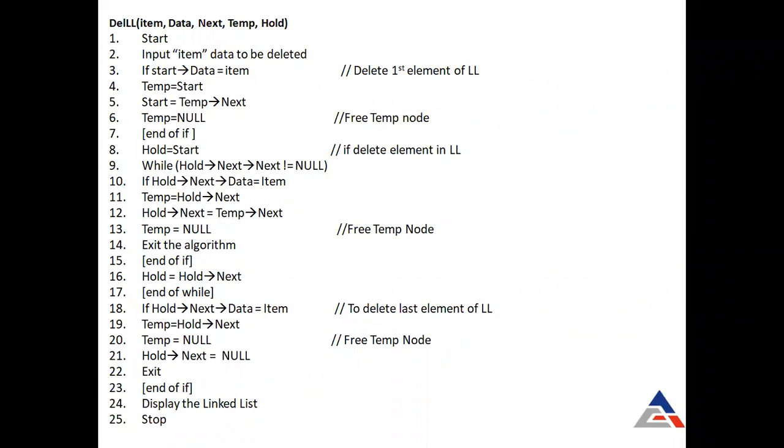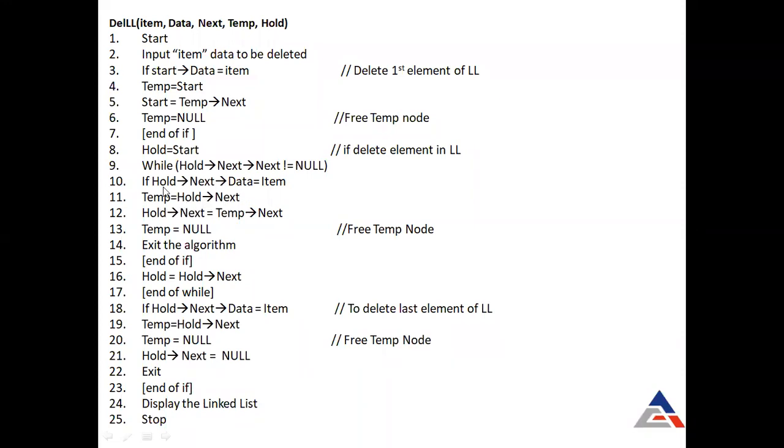So point number 10 is asking me to check if the second node's data is equal to the data I have entered. If it is yes, then temp, again a temporary variable, holds the value of hold of next. So hold of next means the second node of the linked list, because hold goes to start, which means the first node, and temp of hold of next means the second node.